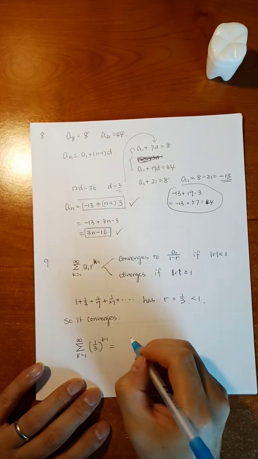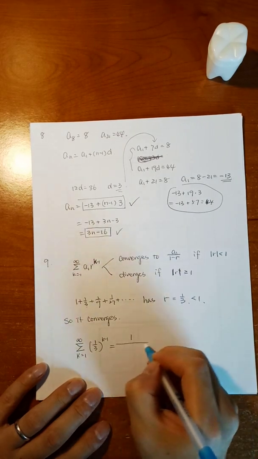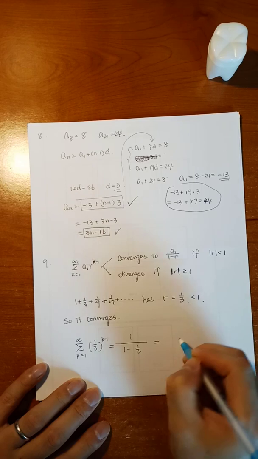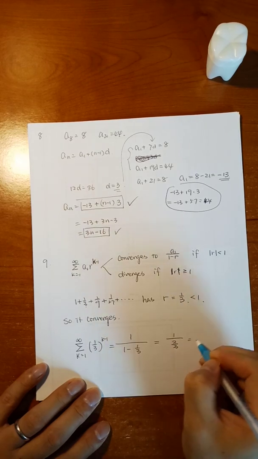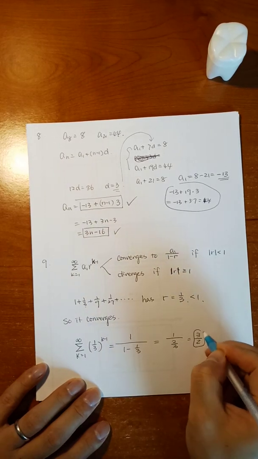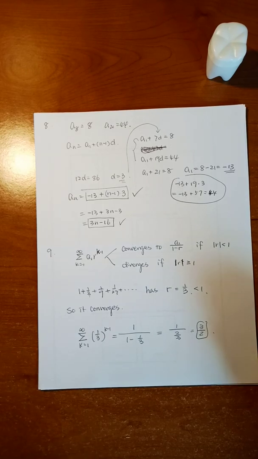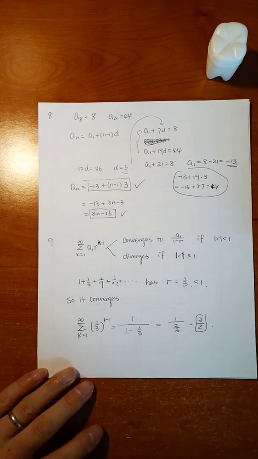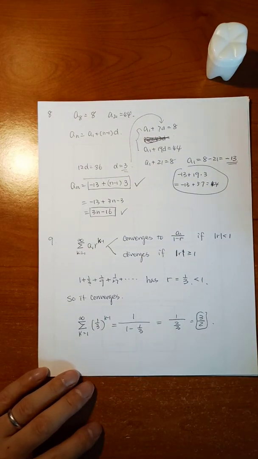It is equal to the leading term over 1 minus the common ratio. It's this. So problem 9.